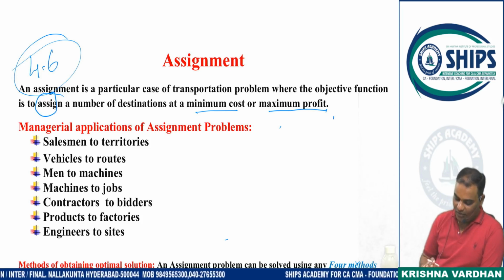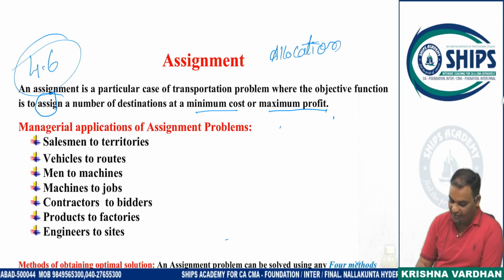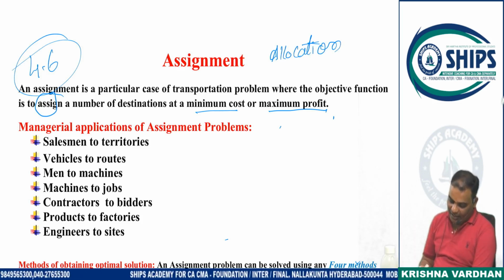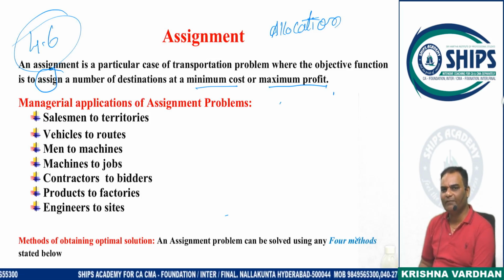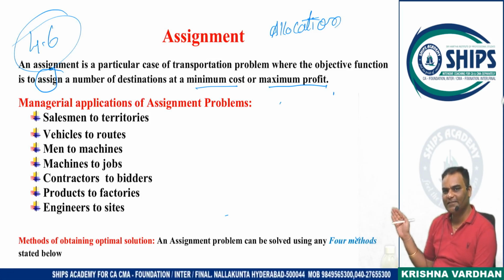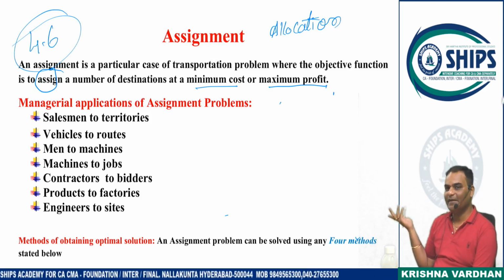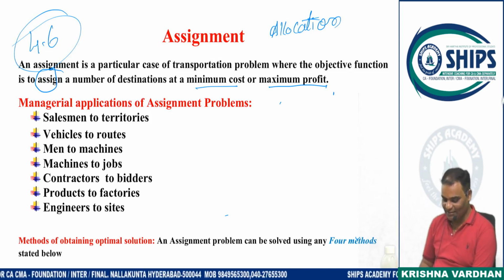So job assignment, we even call it as allocation technique. Job allocation technique. Okay. So when we are trying to allocate, assign, what are all the things you have? You have cost and profit. So if it is profit, it is maximization case. If it is cost, it is minimization case.